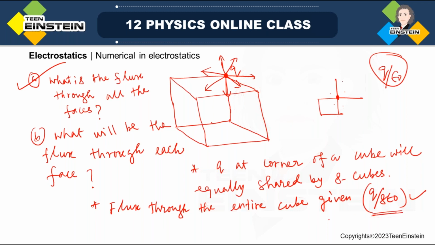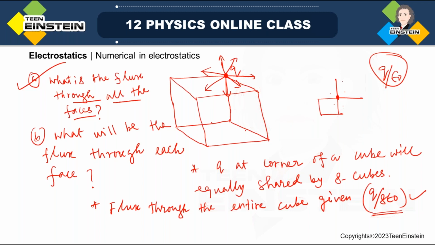So this is the first question. So the total flux through the entire cube, or through all the faces, will be q by 8 epsilon 0. But how about the flux through each face?